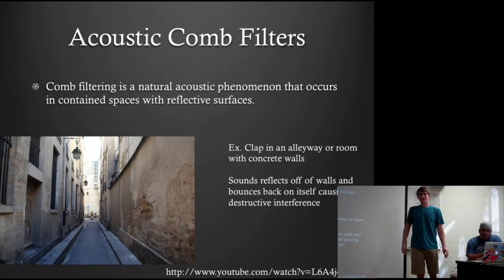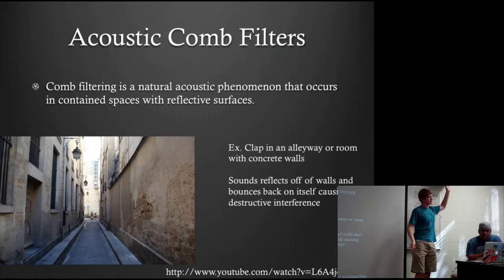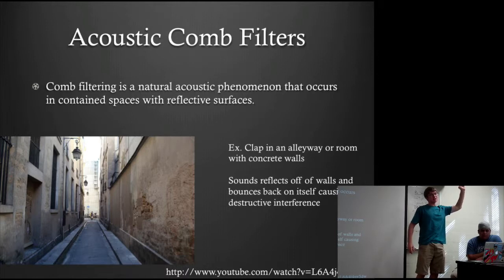Basically, in studios people have to worry about getting unwanted comb filtering effects from their speakers, not only because the signals might be out of phase and destroy each other, but also if we were to take a white noise source, stream it through this speaker, take the microphone, put it up there, record it, play the two back, and then move an object, a wall of some type, to the side, you'll actually be able to hear the white noise modulate.